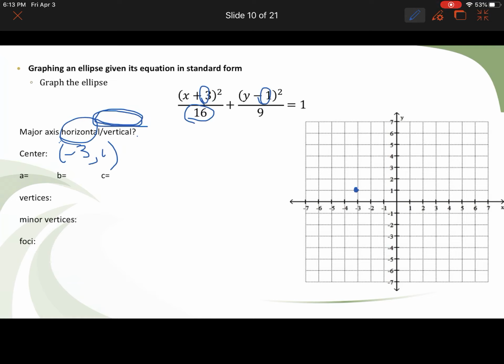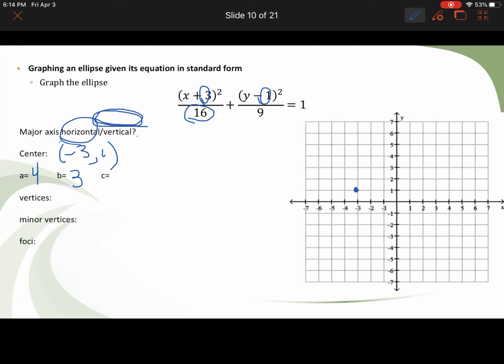All right, so now let's just look at what a, b, and c are. Remember, a squared was the bigger one, so we have a squared is 16, so a is 4. And b squared is 9, so b is 3. And then we have to look at that Pythagorean relationship, right?